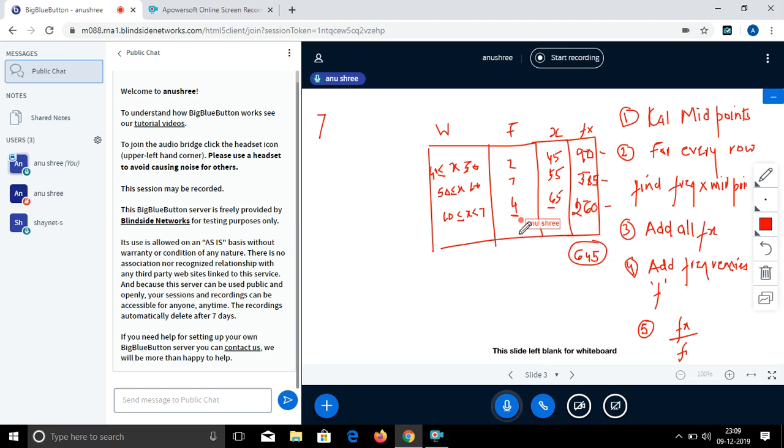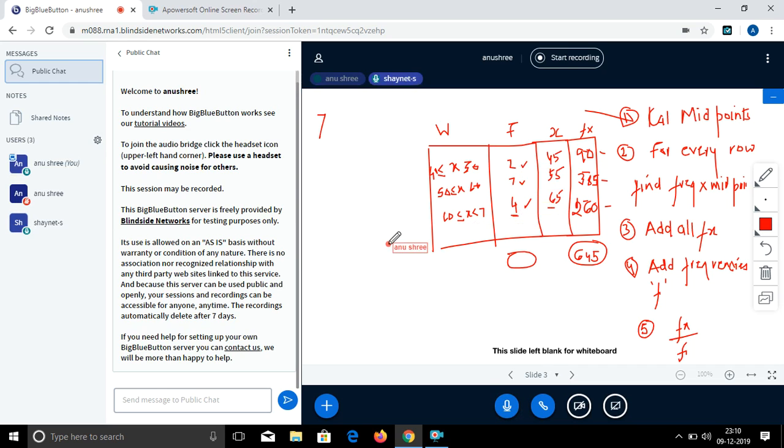Add all the frequencies. What's 7 plus 4 plus 2?